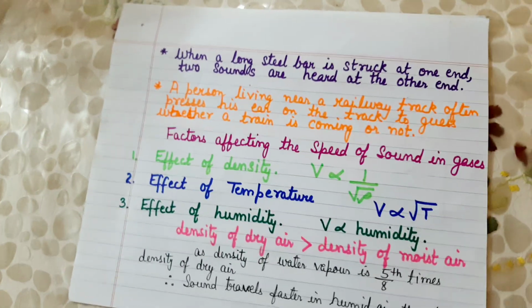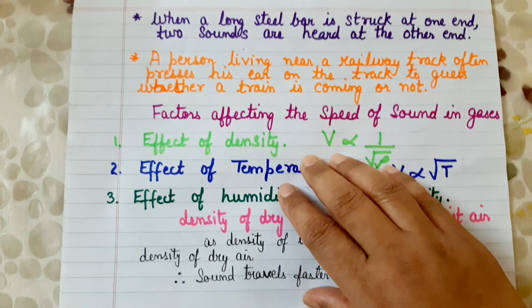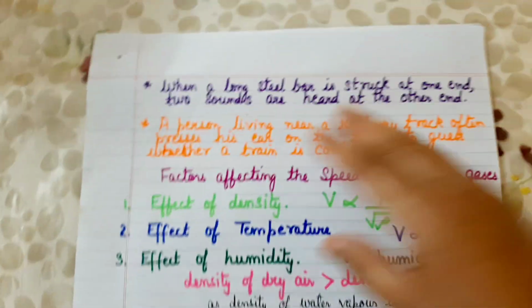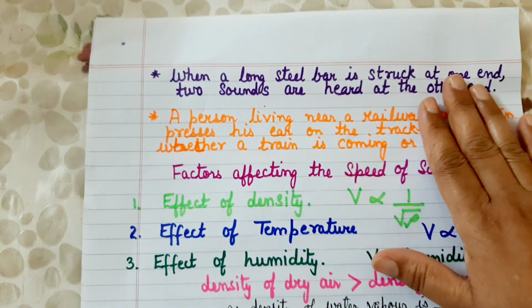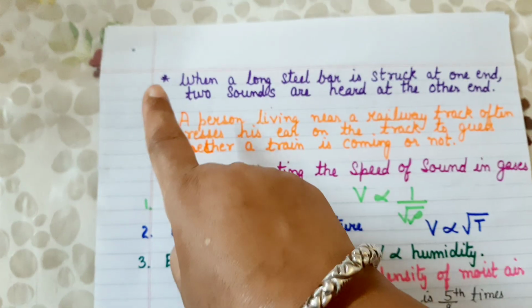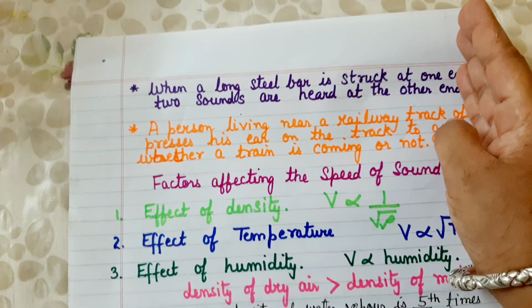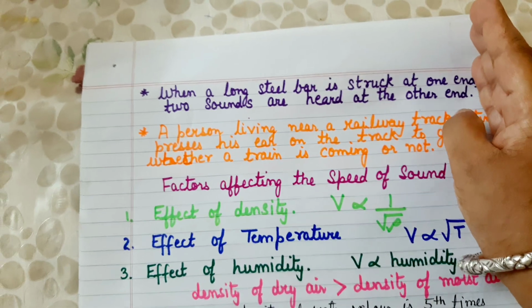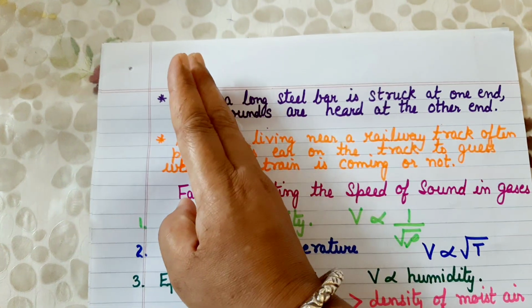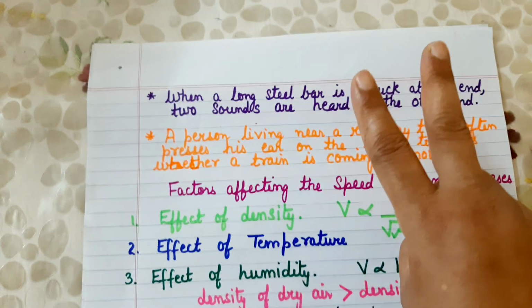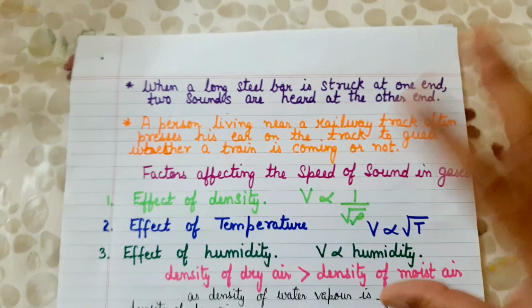Now let us look at two more questions, which can be asked. Like, you have a long steel bar and you strike the steel bar at one end, and you tell a person to keep his ear on the other end. That person will hear two sounds. It is very amazing, the person can hear two sounds.